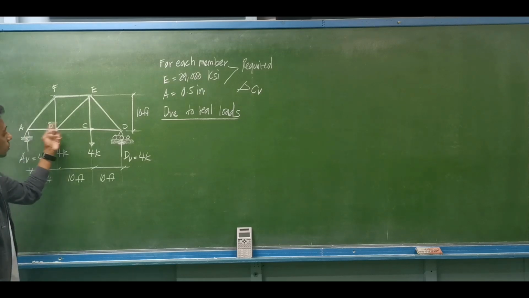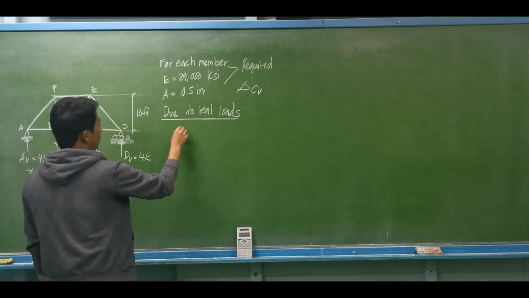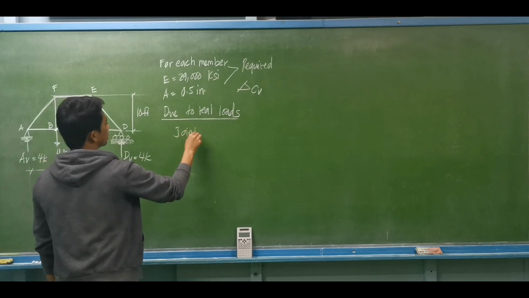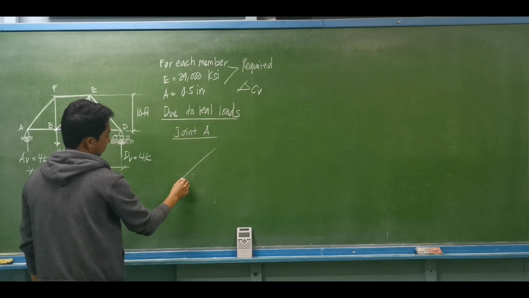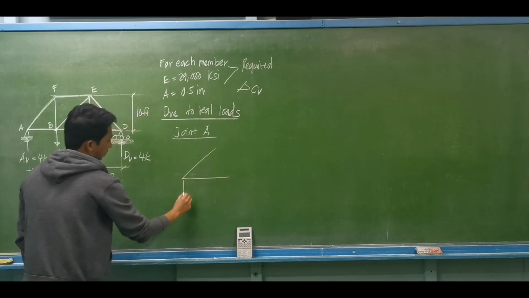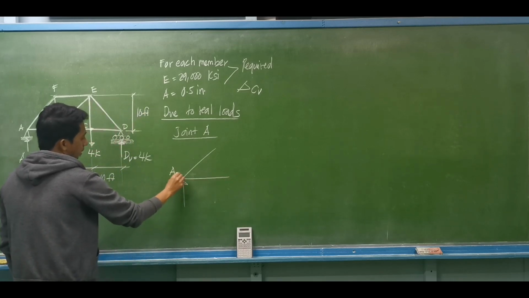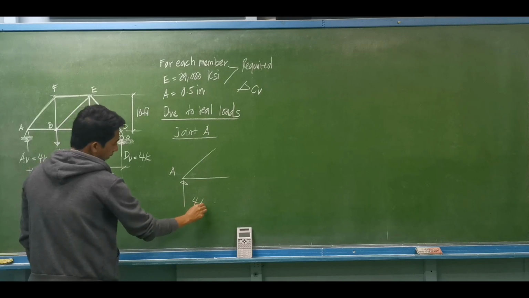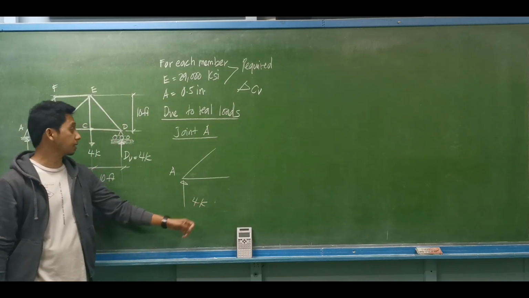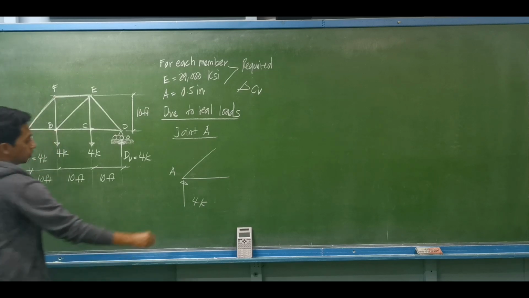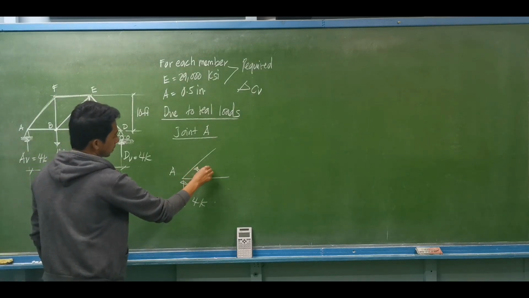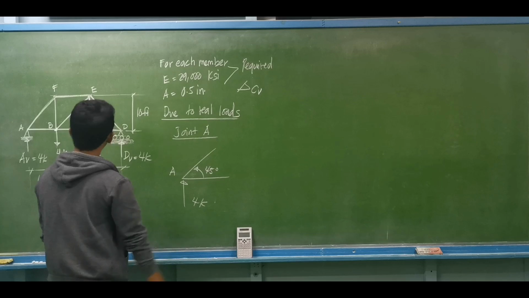We may choose to proceed to joint A. At joint A, we have a vertical reaction of 4 kips. As you can see, this is 10 feet and this is 10 feet, so the angle of inclination is 45 degrees.